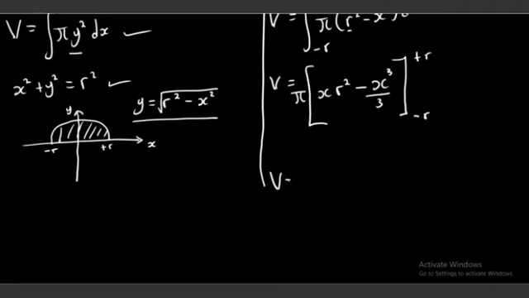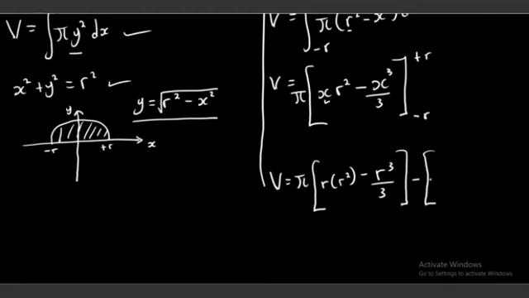First, let us put in the positive value of r for x, which gives pi times r into bracket r squared minus r cubed over 3, minus the lower limit of the expression, that is pi times minus r into bracket r squared minus minus r to the power 3 over 3. Then we close the bracket.